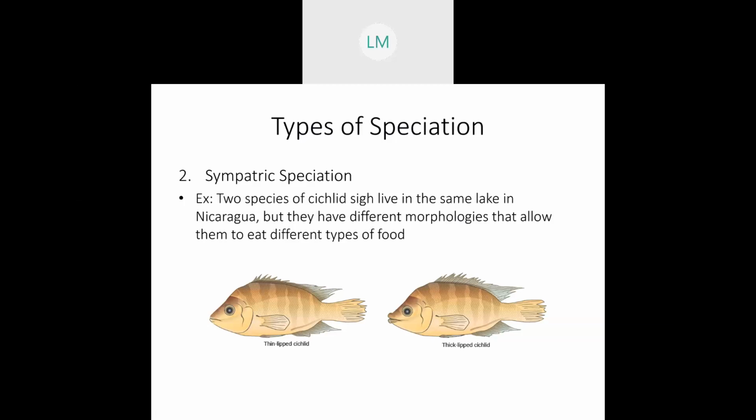Something happened where one group of this population started eating one type of food, the other part of the population was eating another type of food, and so now they have different morphologies that allow them to specialize on these types of food. So we have two different species that are being created, even though they were never actually geographically separate from one another.